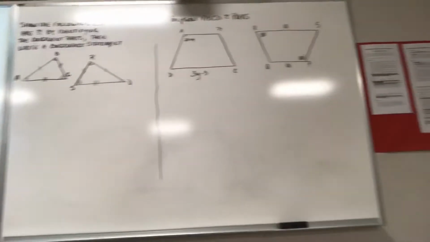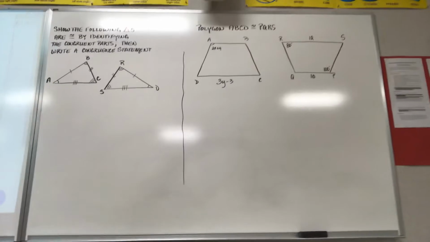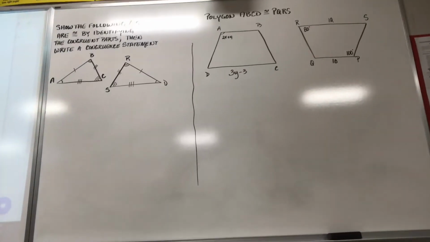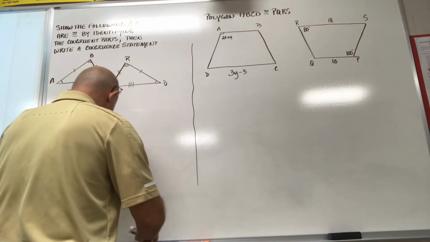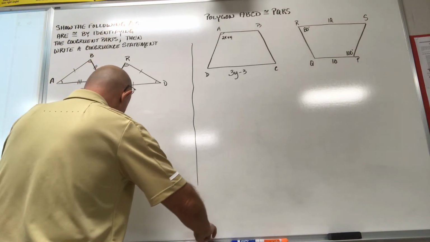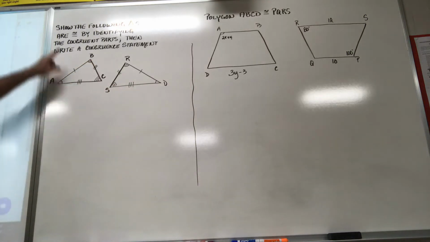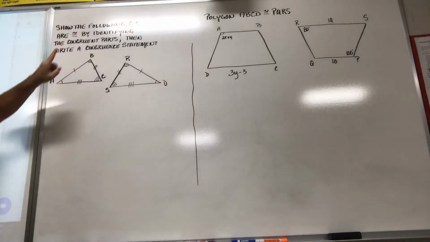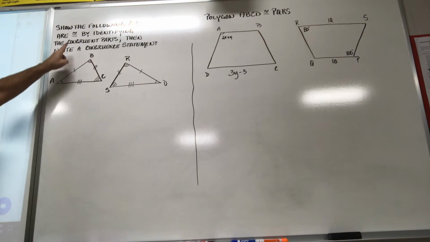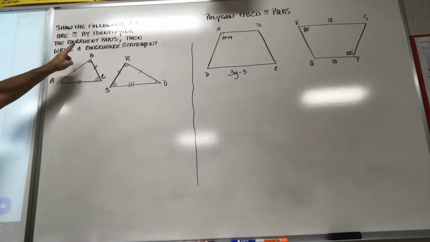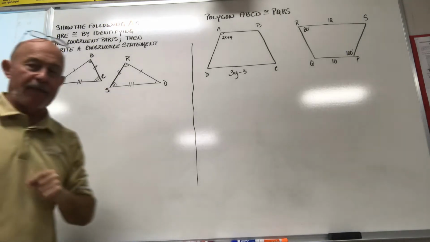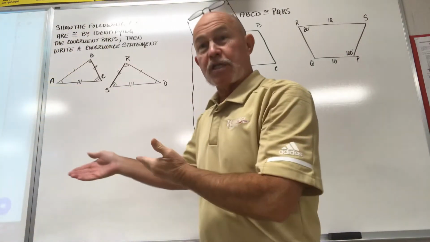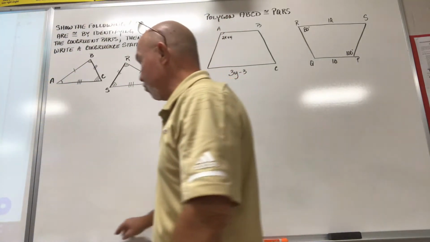Okay, our first 2 problems are very similar to the ones you're going to see for your assignment. This says, show the following triangles are congruent by identifying the congruent parts, then write a congruence statement. Okay, just like we did, we're going to match the angles.